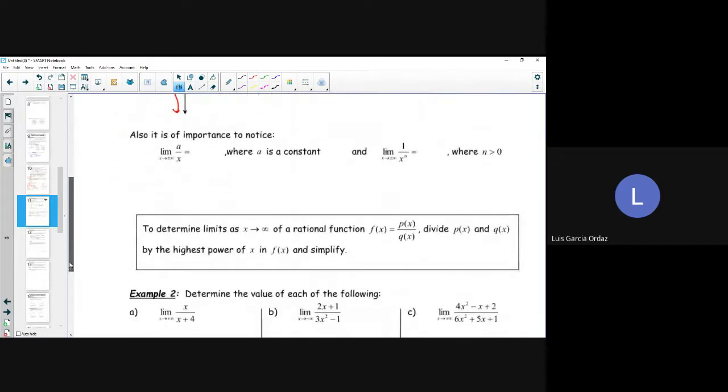Also, it is important to notice that as the limit of x approaching positive or negative infinity of a over x, we're going to be basically using our limit rules. We can write it as a times the limit of x approaching, I'm going to write this neatly somewhere else. This is way too messy. I don't have enough space.